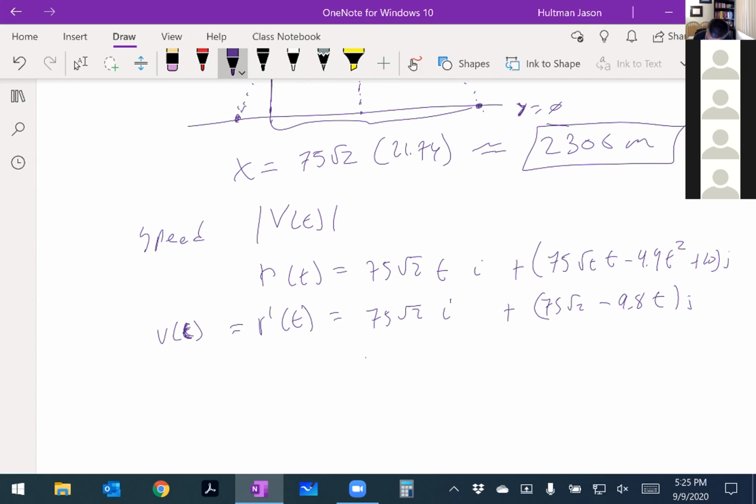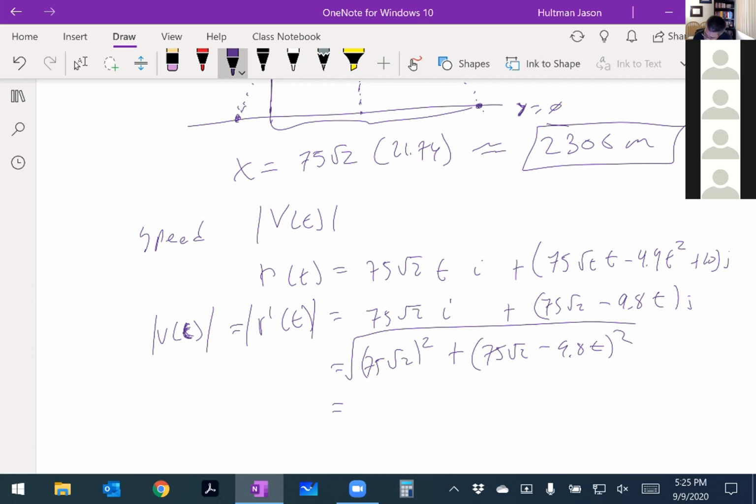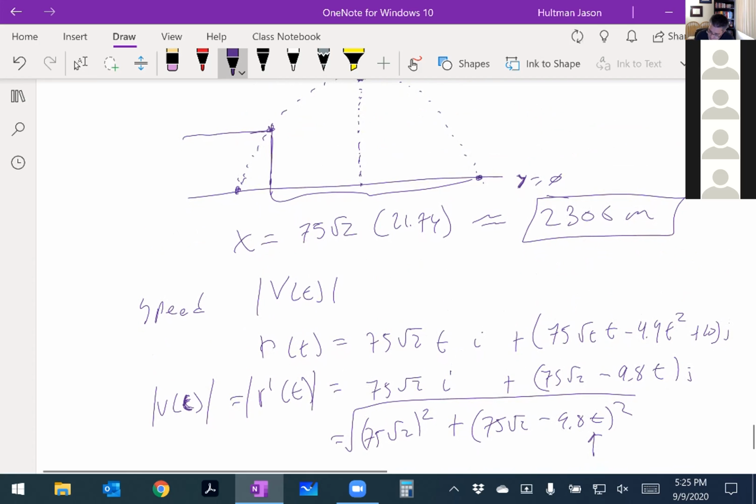So this is 75 radical 2. We want the magnitude of this: 75 radical 2 squared plus 75 radical 2 minus 9.8 t squared, and then take the square root of that. I'm going to replace that t with the t that I discovered was the time it took to hit the ground.